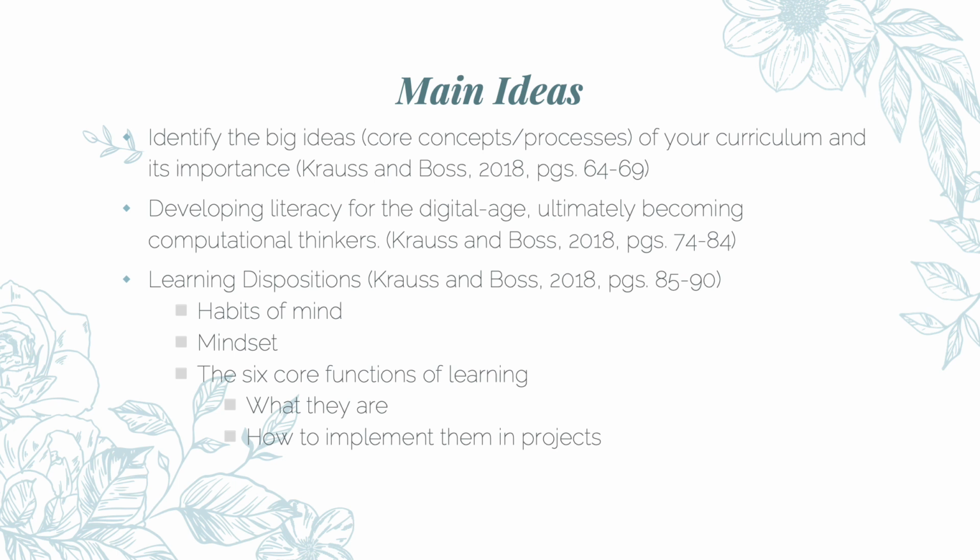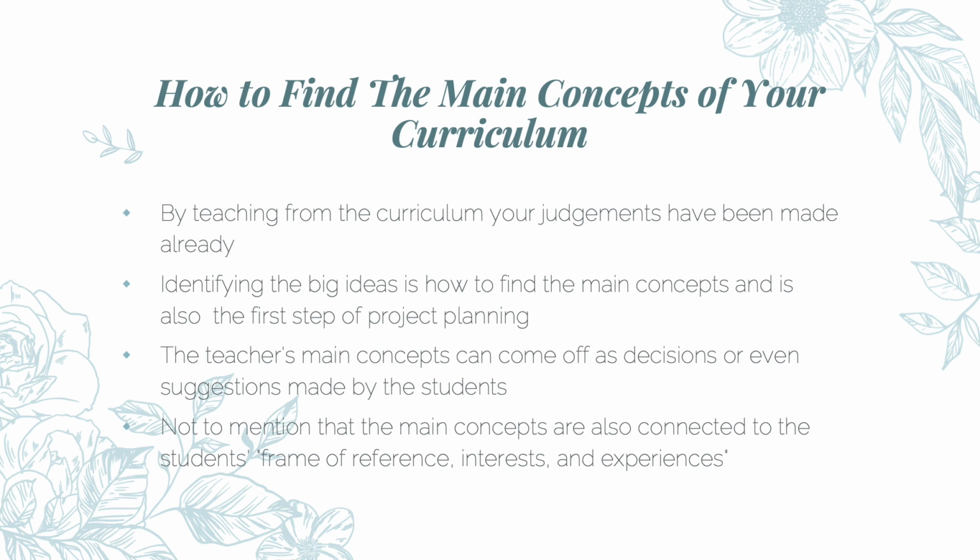And a big chunk of it focused on learning dispositions, which had to do with mindset, habits of mind, and the 6 core functions of learning and how they're implemented in projects.